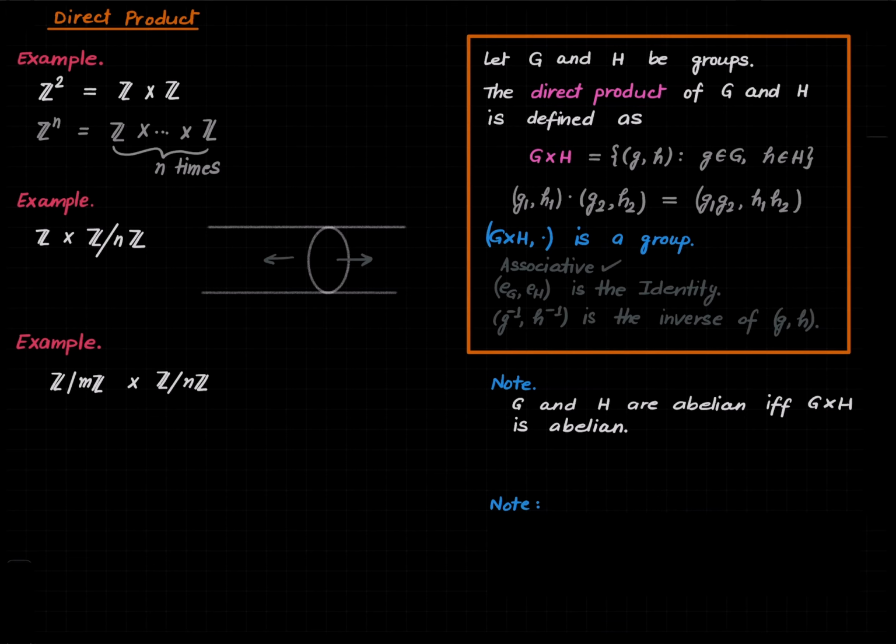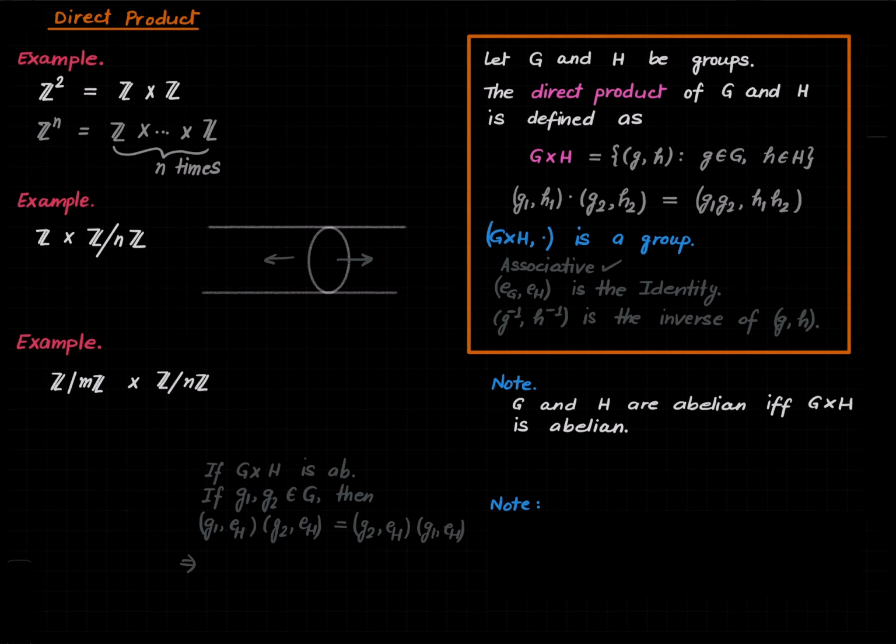So assume this is abelian, and if g1 and g2 are in G, then (g1, eH) times (g2, eH), by abelianness of the direct product, is the same as (g2, eH) times (g1, eH). This gives (g1 g2, eH) is equal to (g2 g1, eH).